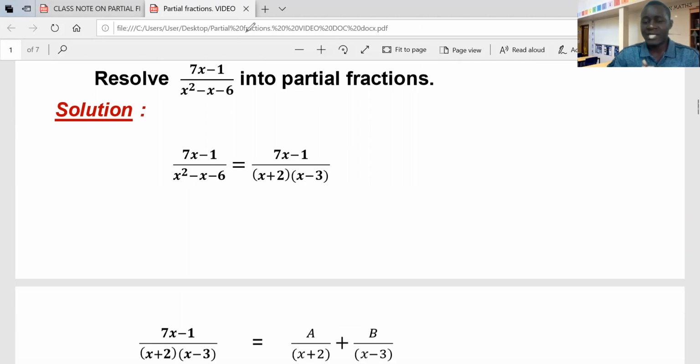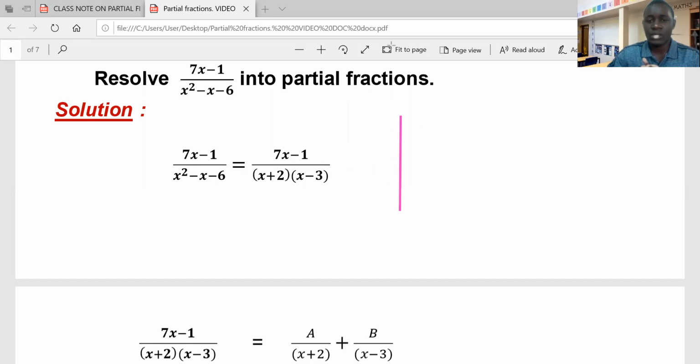So confirming that it is factorizable, I went through the process of factorizing, which gave me what I have right there. What I have there now is the factorized form of this denominator. So definitely, I will now decompose or split this up using the rule that applies to denominators with linear factors.